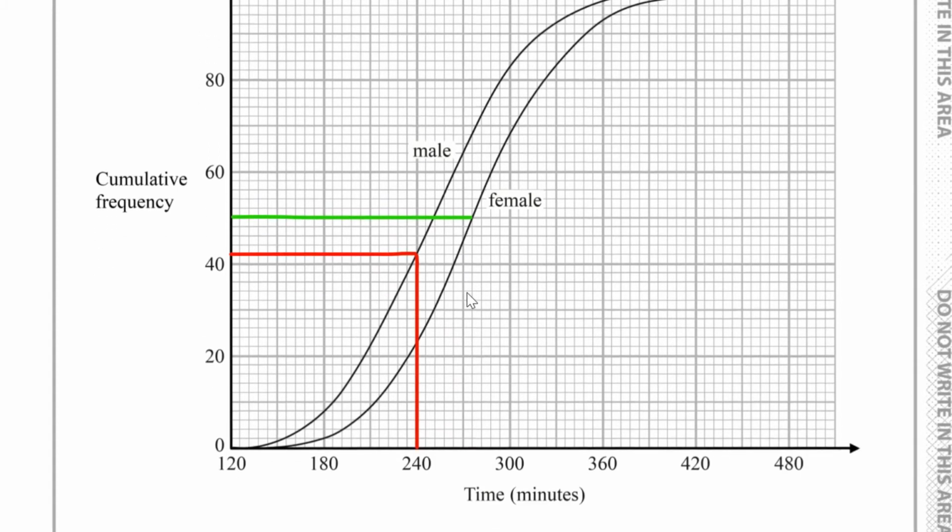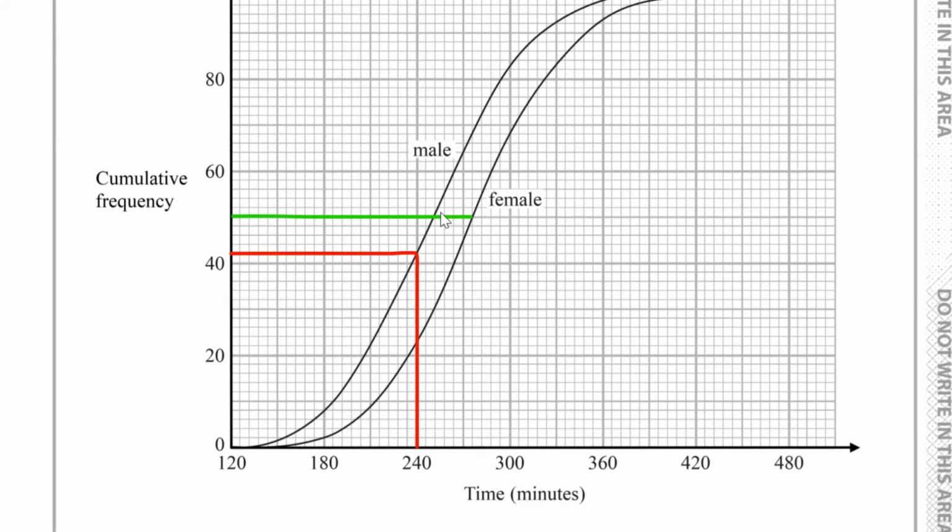And if we draw a vertical line down from the intersections here, we've got, well, if each 10 is 60, then that means one little square is 6.